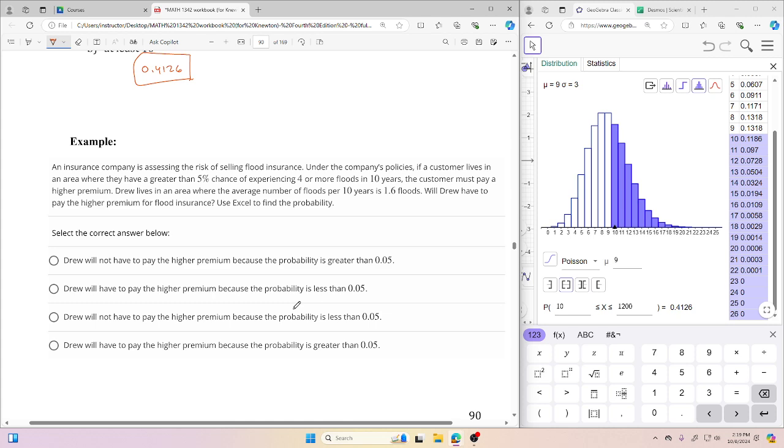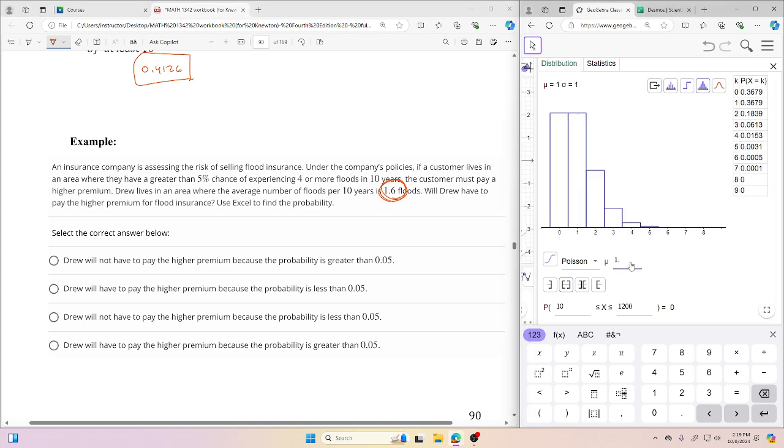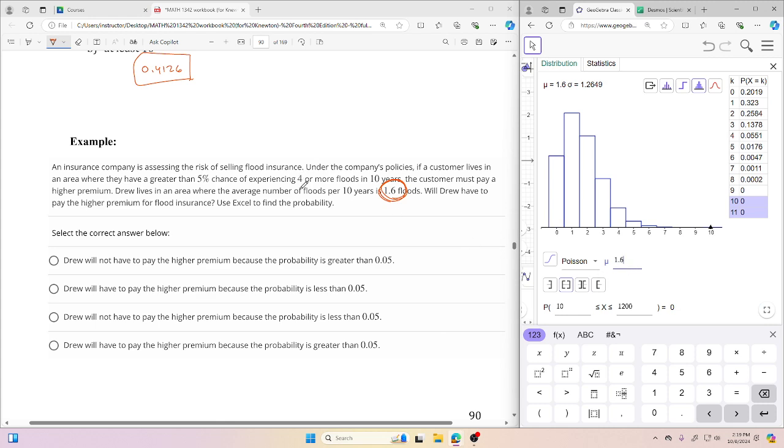Now, that's pretty interesting. So they're saying 4 or more floods in a 10-year period. His average is 1.6. We don't have to convert anything. I think we just toss that number in and start examining what we do here. So we're going to do 1.6, and they're saying 4 or more, right? 4 floods, 5 floods, 10 floods, 100 floods, 1,000 floods. Oh, I'm sorry, in 10 years. My bad. So what we got from all this was a 0.0788.